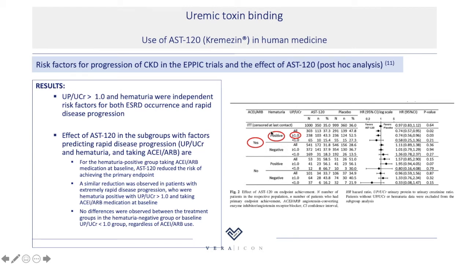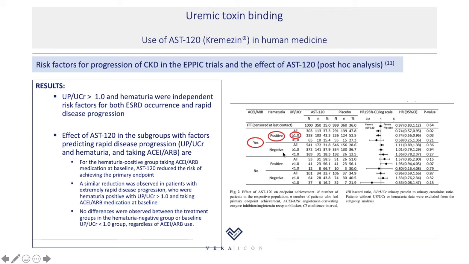But what they could show in terms of AST120 added to the treatment protocol is that patients that were showing proteinuria and hematuria, having a urinary protein to creatinine level higher than 1, and being treated with an ACE inhibitor or an angiotensin receptor blocker, these patients benefited from the addition of AST120 to their treatment.